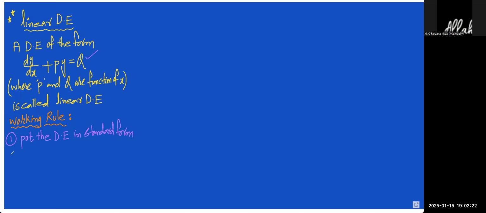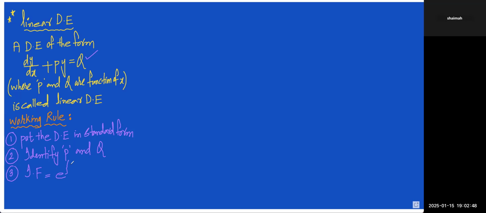The second step is we have to identify p and q. In exact differential equation, we identify M and N. Now, third step, we have to go for the integrating factor: e power integral p dx is the formula.